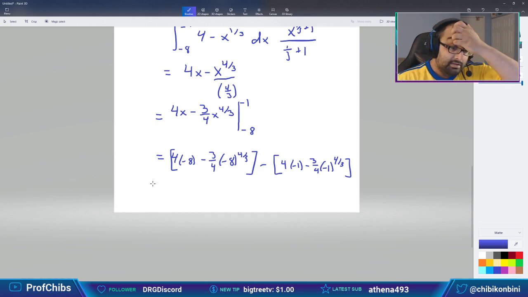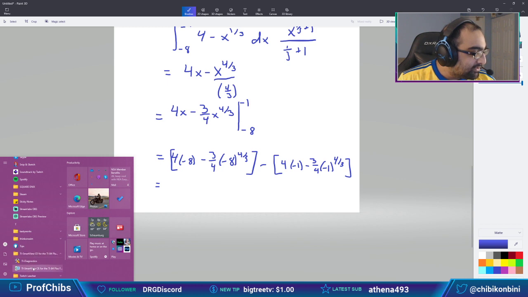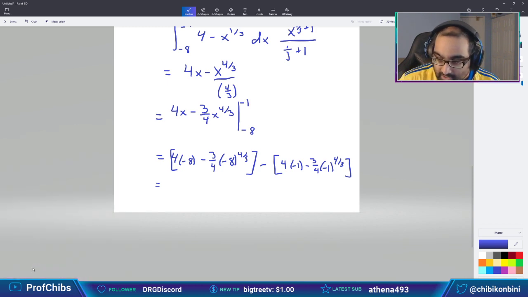Now, again, I fully expect you to use your calculator for these two parts here, so be sure to get your calculator spots right. In fact, for this one here, I am going to showcase the calculator. Hopefully it doesn't totally crash everything, but we're going to give it a shot anyway.